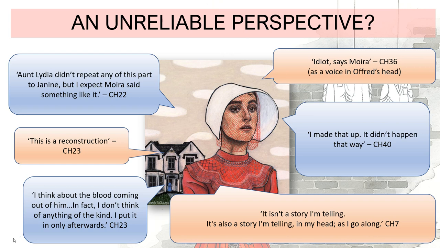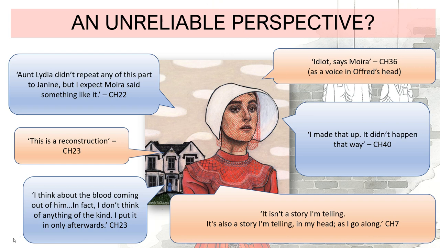So we don't know where the truth ends and where Offred's imagination begins. But we also know that she isn't misleading us here, in that she comes out and says, "Aunt Lydia didn't repeat any of this part to Janine, but I expect Moira said something like it." So she confesses that this is in some way her own creation.